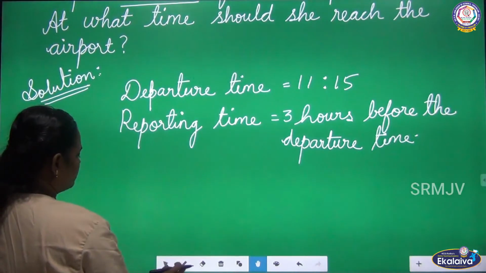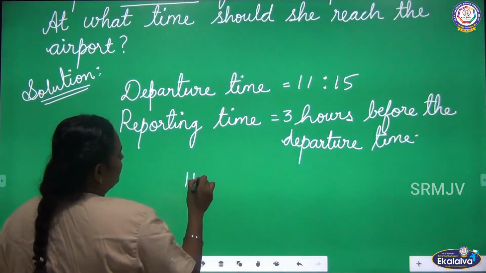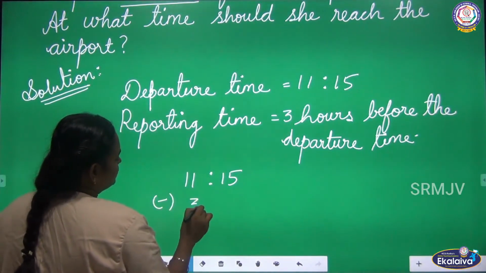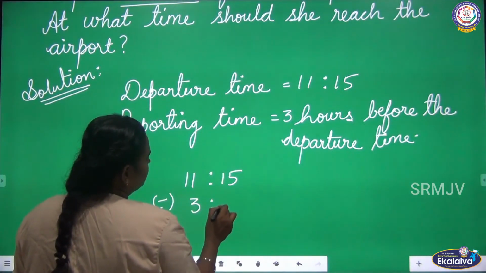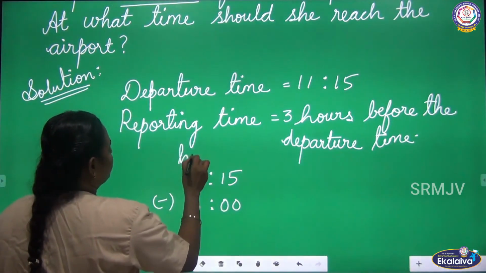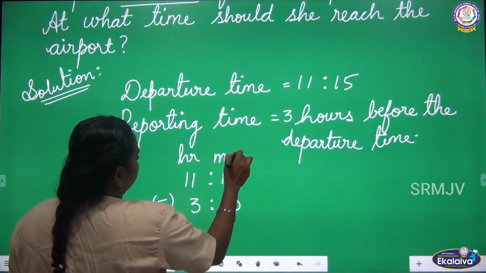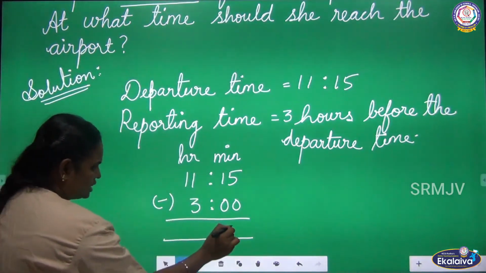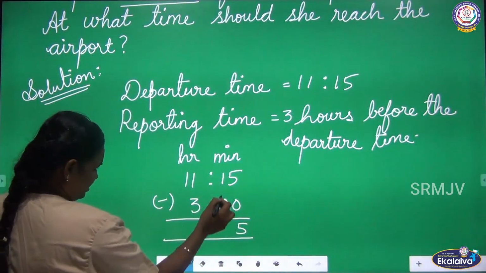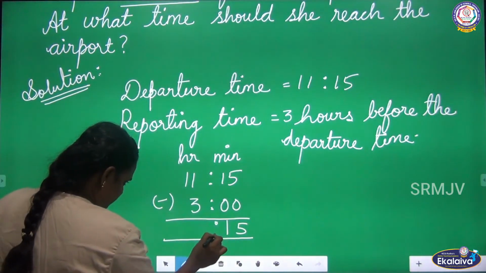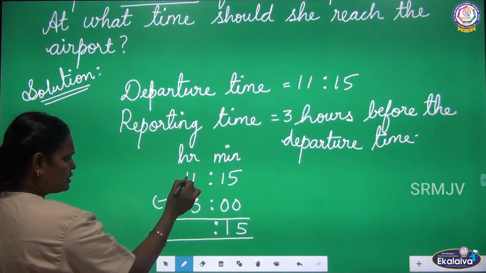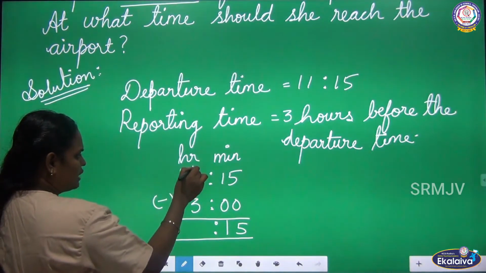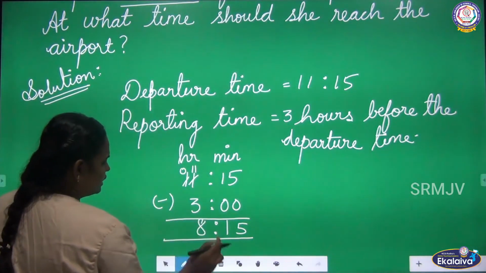So what we are going to do? We are going to subtract 11:15 minus 3 hours. So in hours you write 3, then in minutes you can write 0. Subtract now. 5 minus 0 is 5. Then 1 minus 0 is 1. Next 1 minus 3, we can't subtract, so borrow. So it becomes 11. 11 minus 3 is 8.